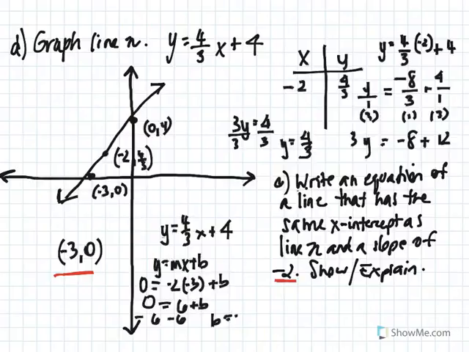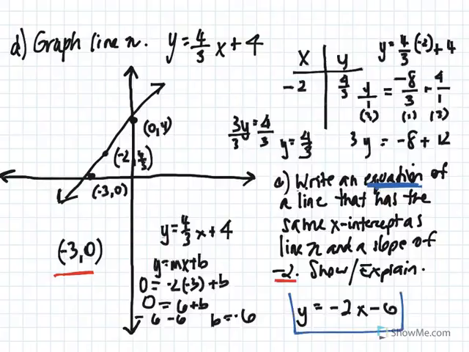B equals -6. They're asking us to write an equation of a line, so let's write this equation. They give us the slope, -2. We don't plug in x, and we just found the y-intercept as -6. So the equation of our line will be y equals -2x minus 6. That's part E, and it looks like that's the end of the question.